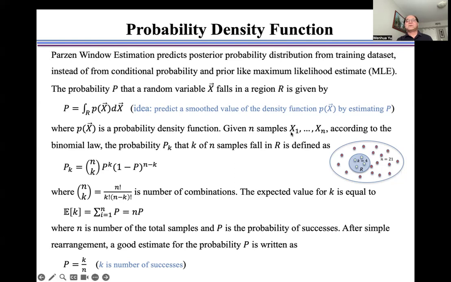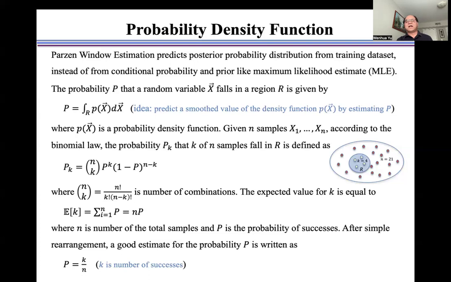Given n samples, x1 to xn, according to the binomial law, the probability pk that k of n samples fall in R is defined as this formulation, where (n choose k) is the number of combinations.